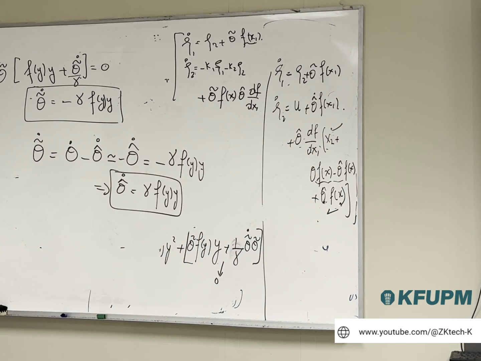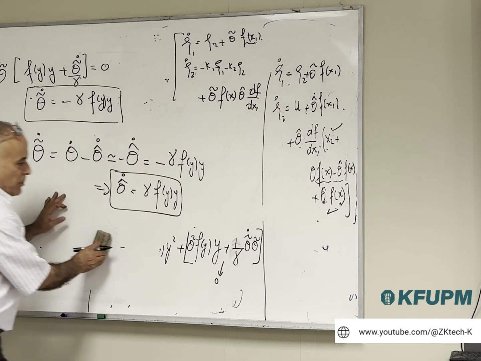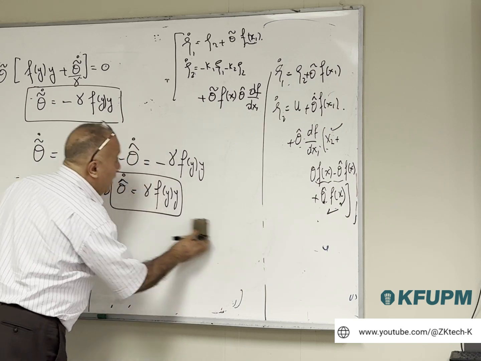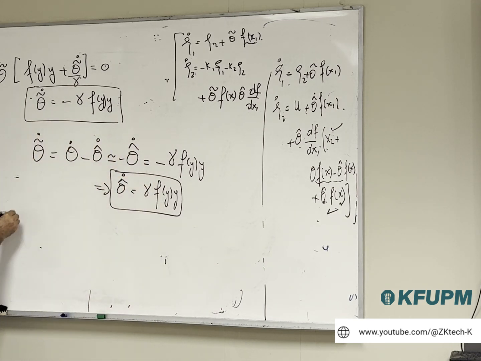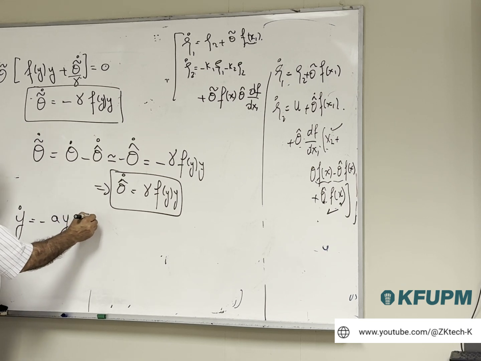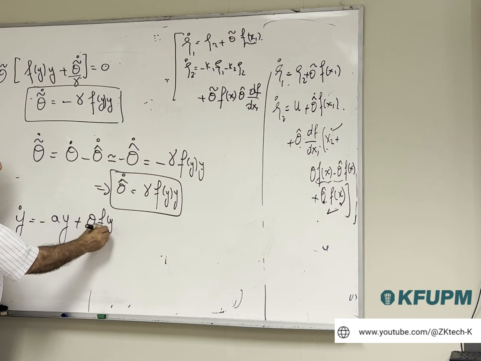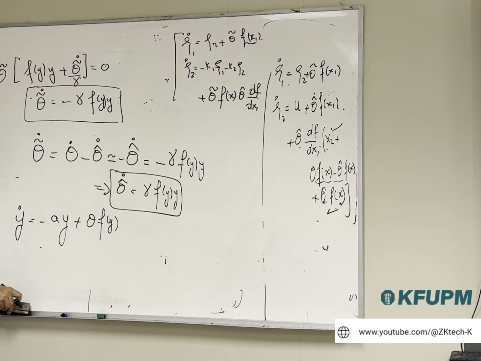So what will happen if we don't have our objective 0? Again, I'm going to start with the same example. It's a simple example, but it shows all the idea behind it. So we have y prime is equal to minus a multiplied by y plus theta multiplied by f of y. This is our system.